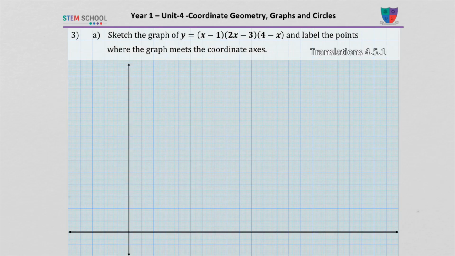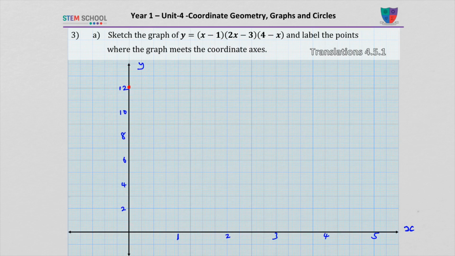So now we can sketch the curve. If I label the x-axis as 1, 2, 3, 4, and 5, and the y-axis as 2, 4, 6, 8, 10, 12. When x is 0, y is 12. That's the point of intersection on the y-axis.